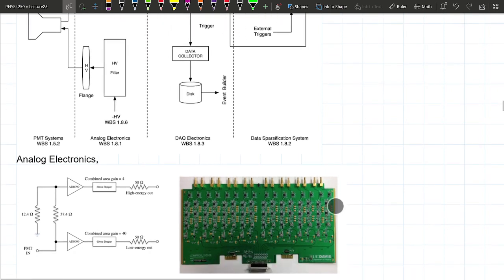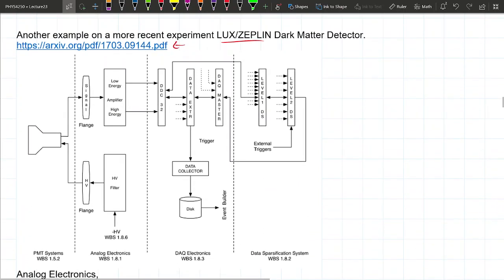Okay, so I just want to show you some more pictures. This is another type of sensor, as opposed to a scintillator. This is a photomultiplier tube, right? And you actually have played around with a photodiode. It works on the same principle.